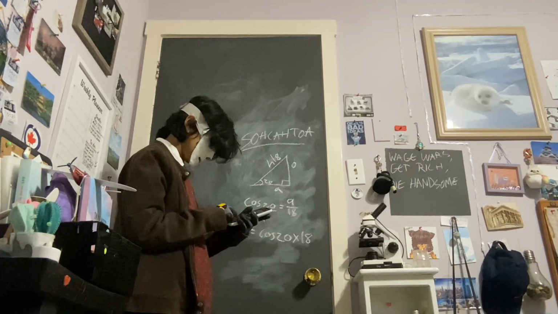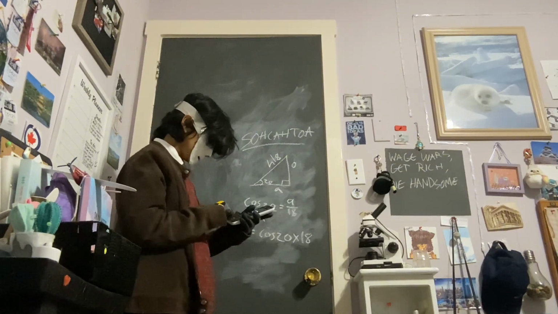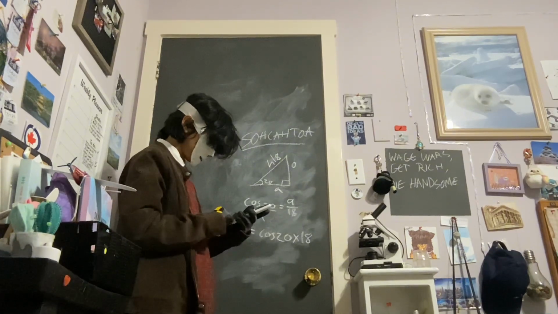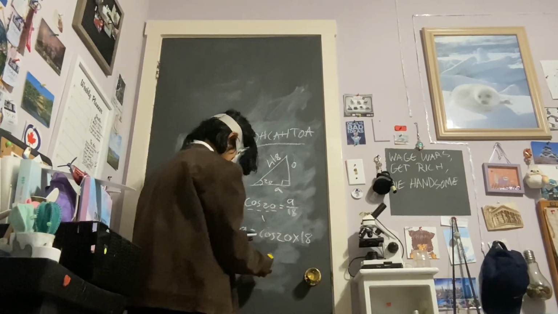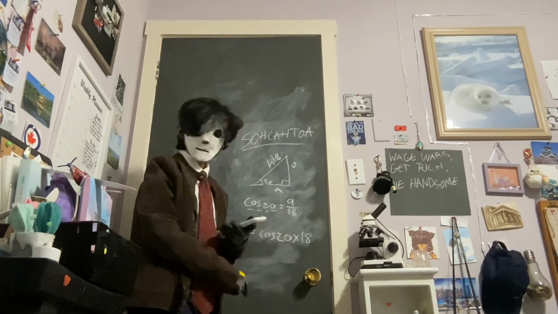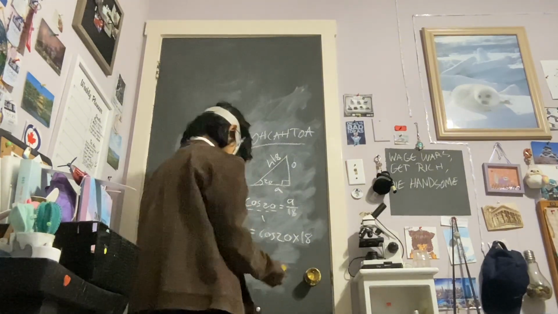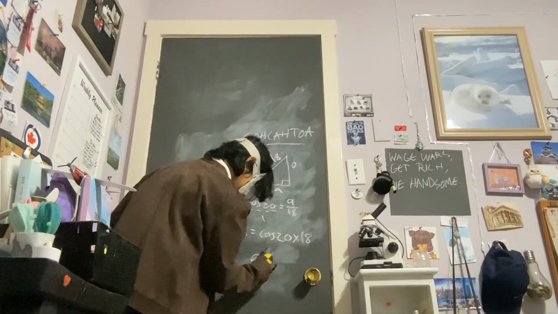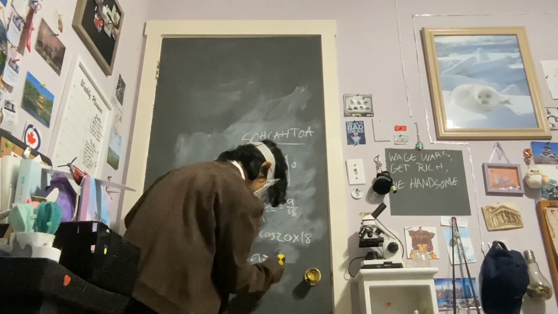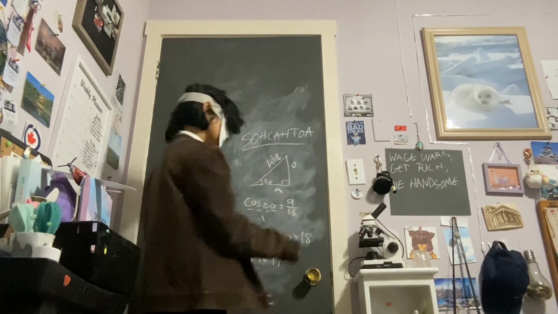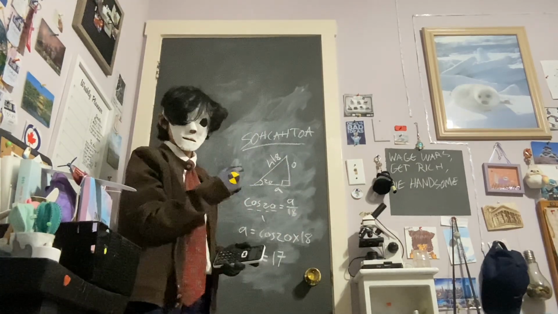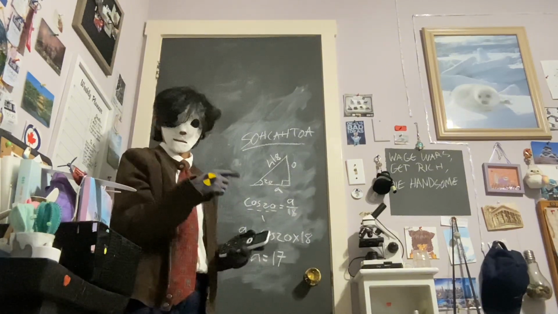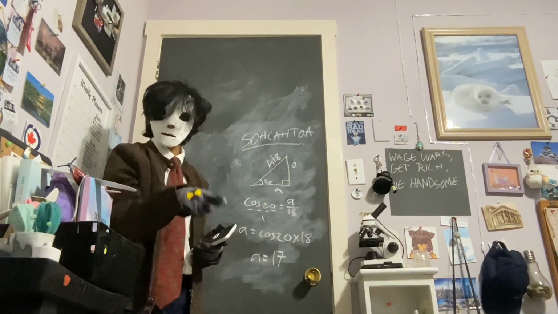Cos 20 times 18 is going to be 16.91, which we can round up to 17. So A is going to equal 17 unit length. So that's what tan and the regular ones are used for: length.